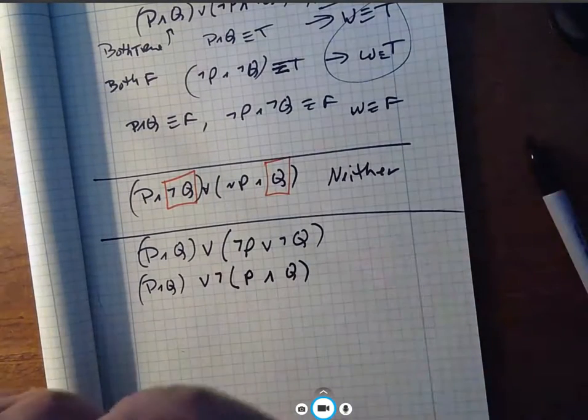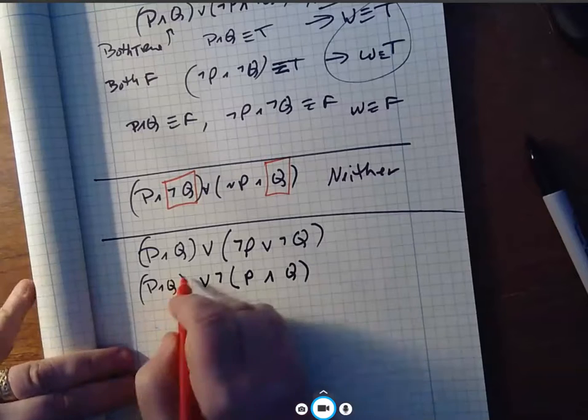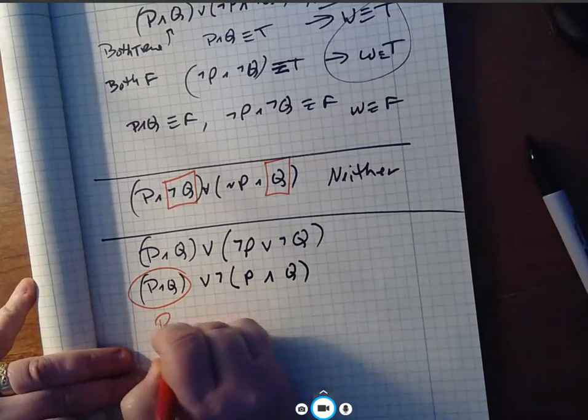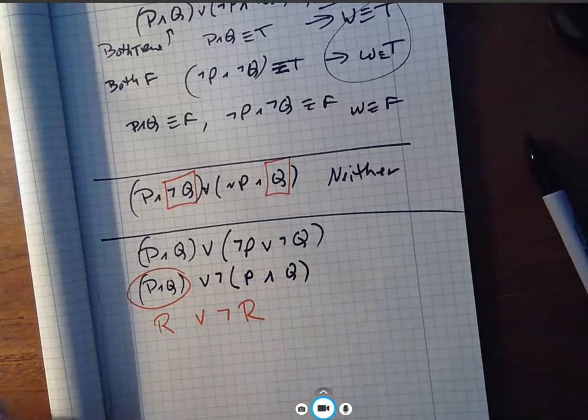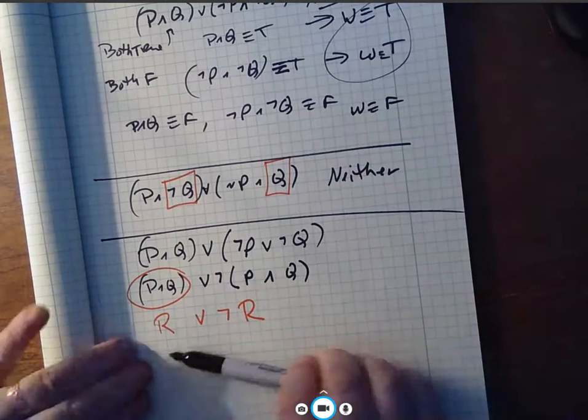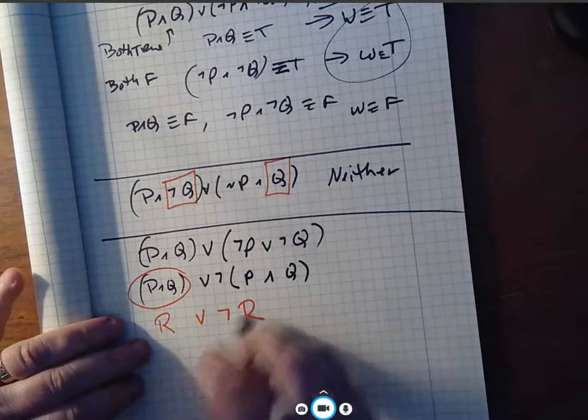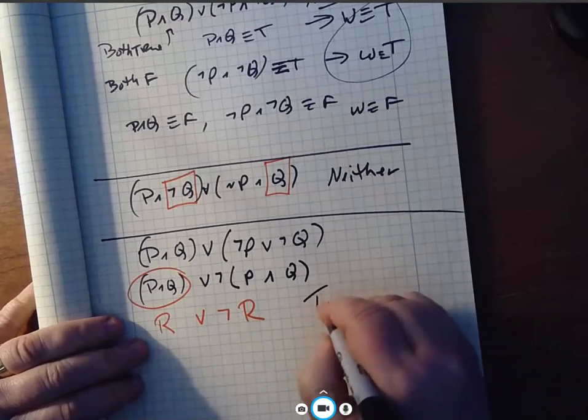If we look at the big picture, we have a statement or not that statement. So we know that R or not R is always going to be true, so this is a tautology.